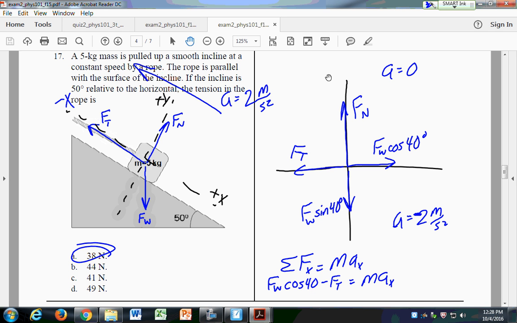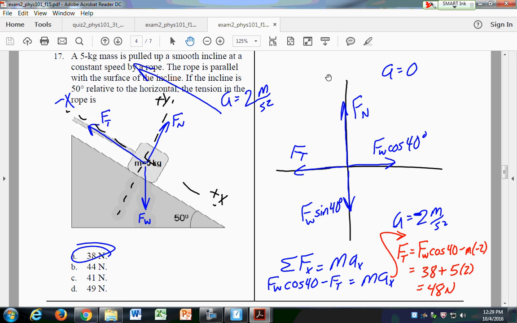All right, so if my acceleration is -2 and I want to find my tension, I take this and I solve that for the tension. The tension then is Fw cosine 40 minus m times -2, which was 38 plus 5 times 2.